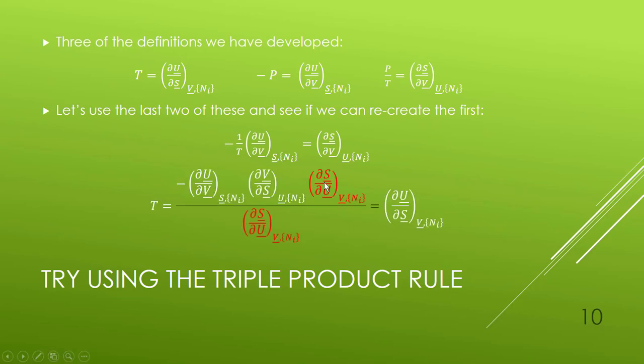If I now take that and multiply top and bottom by (∂S/∂U) at constant V and n, I have here my negative 1. This is a reciprocal, and we end up with this.